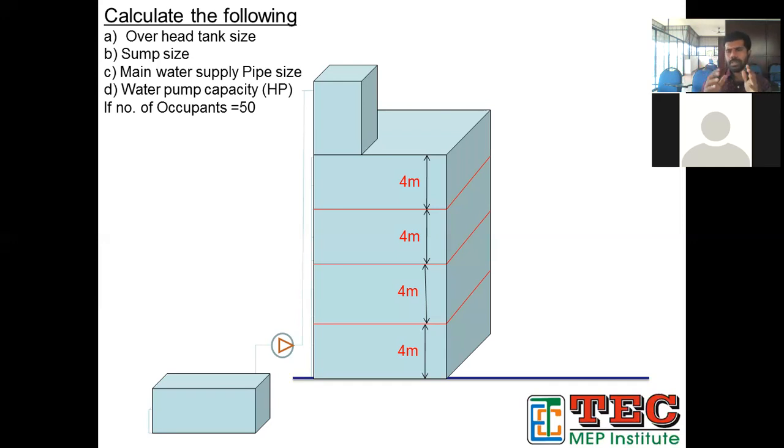In some cases, we don't do that. We will have a common overhead tank, and the water coming out from it will be given for flushing as well as for washing or drinking purposes. So we can have both ways.